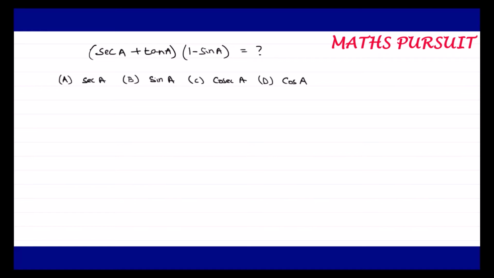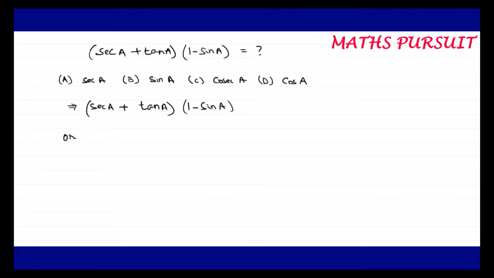Now let's start our calculations. The given question is (sec A plus tan A) into (1 minus sin A). We are going to solve this particular equation. Guys, wherever you see this type of equation with sec A, tan A and sin A, let us try to convert this to sin and cos.